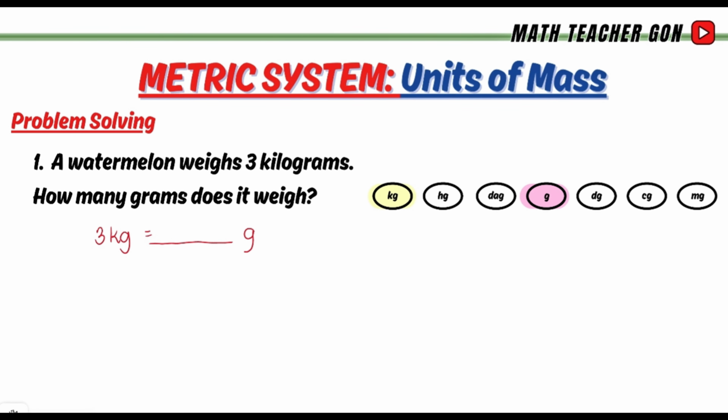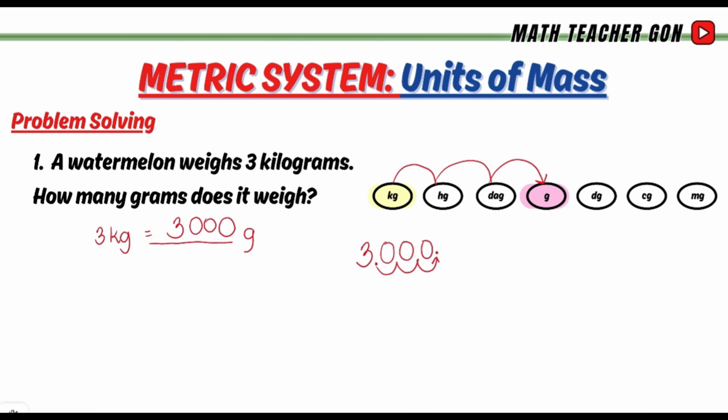Okay, so let's write 3 here. Our decimal point is here since this is a whole number. So from kg, 1, 2, 3 moves to the right. So let's count. 1, 2, 3. So fill in the spaces with zeros. So there you go. The answer is 3,000.